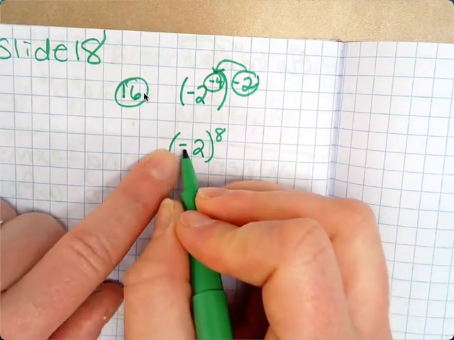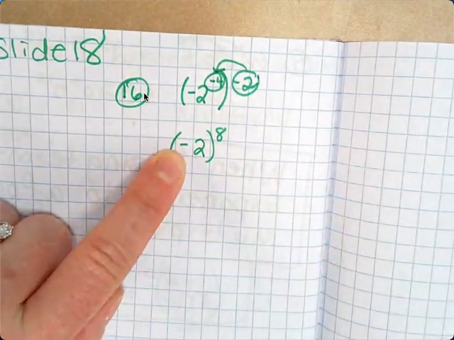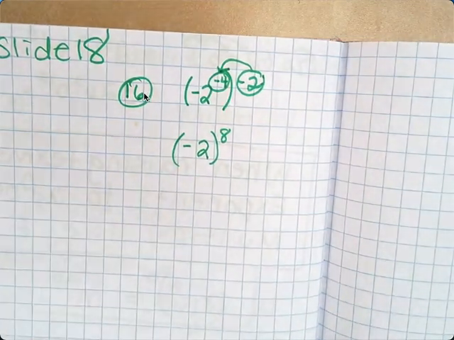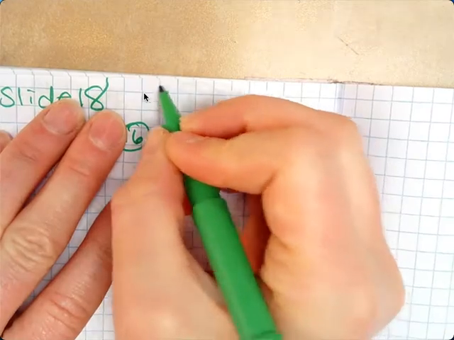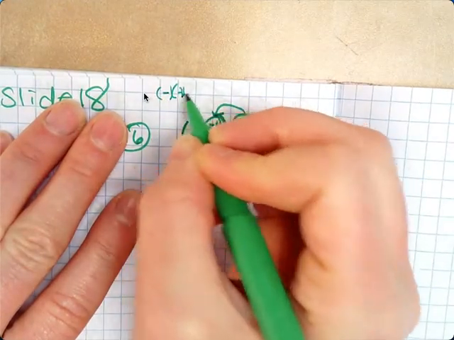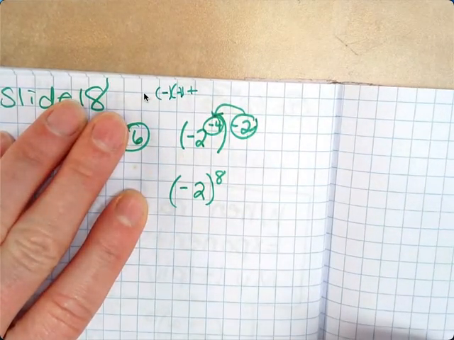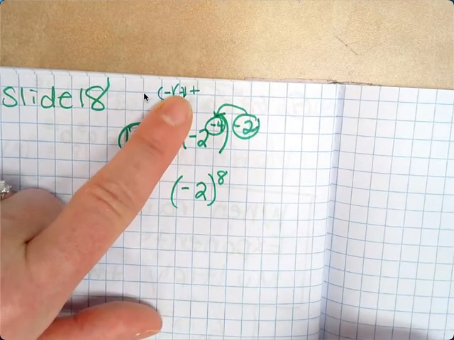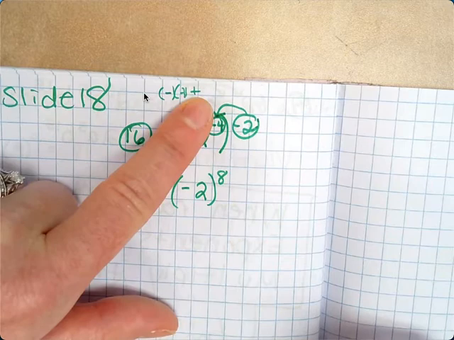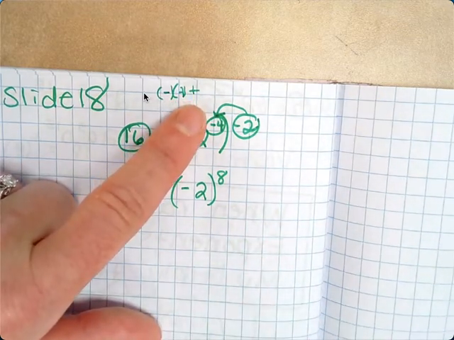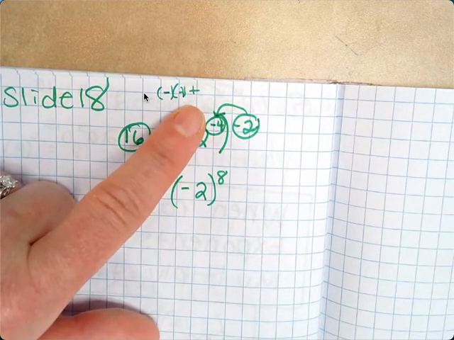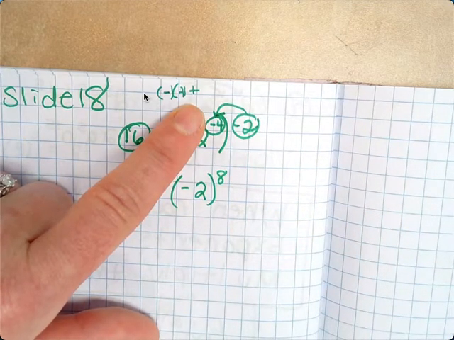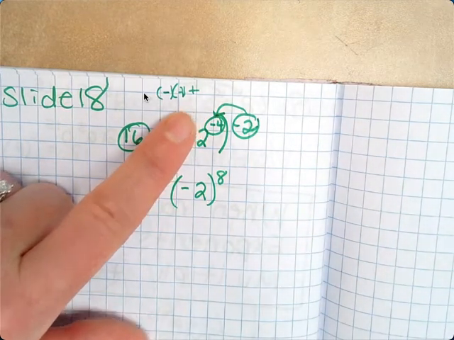Because anytime you do a negative to an even exponent, it's going to make the negative go away. Because a negative times a negative is going to give you a positive. So anytime you have an even number, like 2 negatives will make a positive, right? 4 negatives will make a positive when they're multiplied together. But if you have 5 negatives, it'll make it a negative, because you would have this extra one out there.